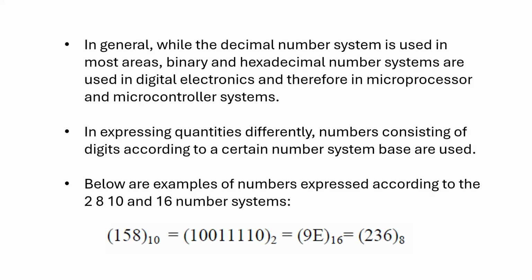But if you are writing any binary number, you require a subscript at the bottom, so it shows that it is a binary number, base 2. And at the right side, you can see these are equal to the base 10 number. So this is the binary version of this decimal number.